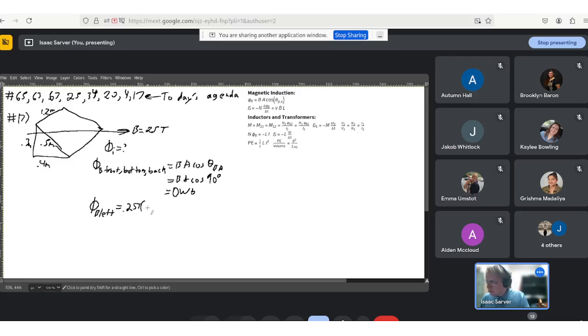Put the Tesla there. 0.3 meters on this side going up and 1.2 meters going back. And then we have the cosine of the angle between the surface normal, which is to the left, and B, which is to the right. Oh, well, that's 180 degrees.